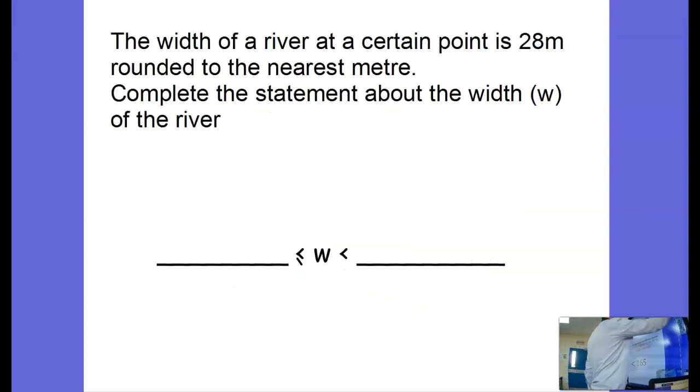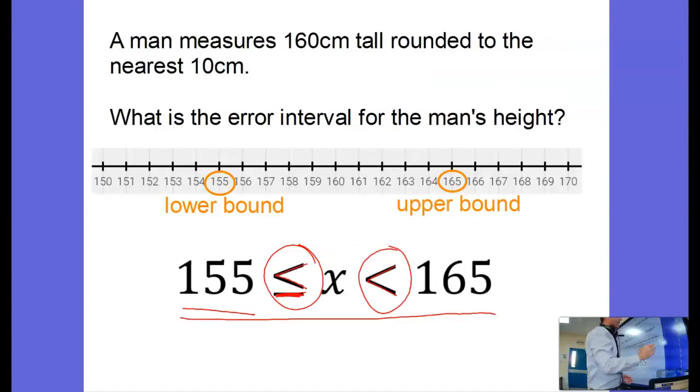Let's look at a few different examples. Actually, one thing to tell you is there's a kind of shortcut we can take to find the upper and lower bounds. And that shortcut is that whatever it's been rounded to, this has been rounded to the nearest 10 centimetres, the upper bound will be half of the rounding limit.